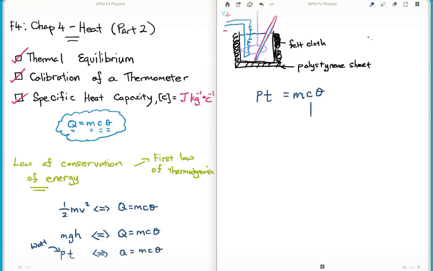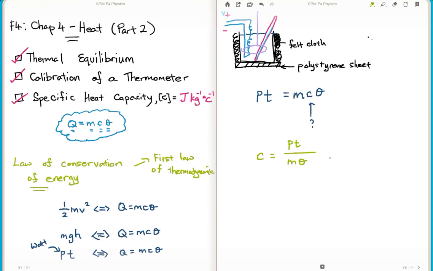So how are we going to find this out easily? You set up this experiment and get the information from here. Therefore c equals Pt, power times time, how long you immerse it, divided by the mass of the liquid and the change of temperature.